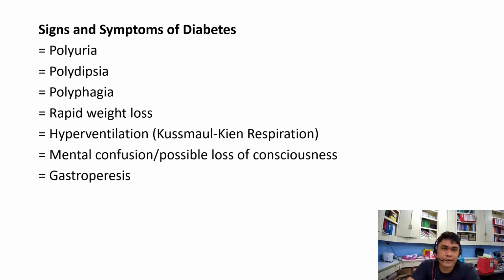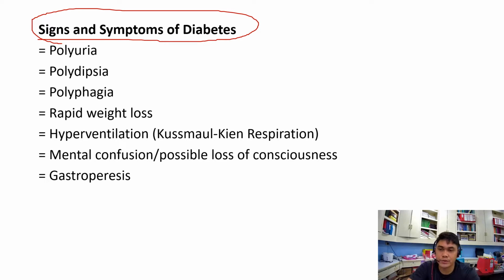Next, you have signs and symptoms of diabetes mellitus. Okay, so first is polyuria. So for polyuria, you have increased urine volume. So the reason for this is first, the renal threshold for glucose. The renal threshold for glucose is from 160 to 180 mg per dL.